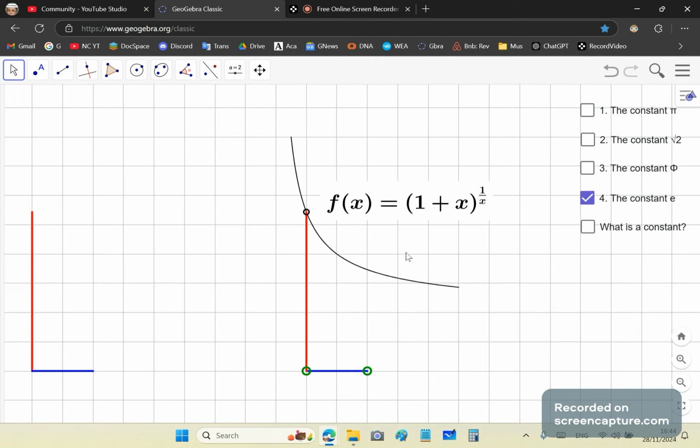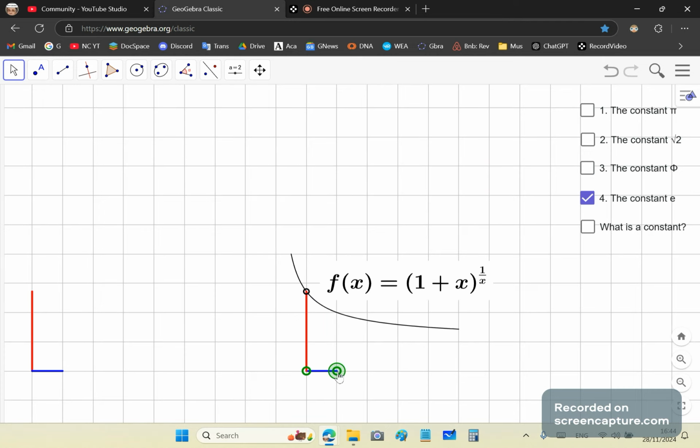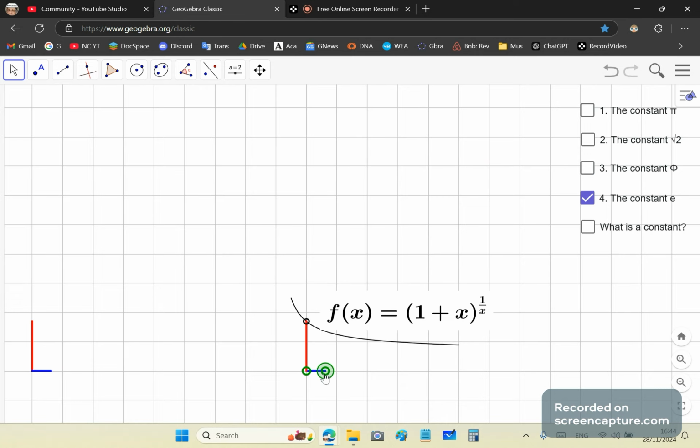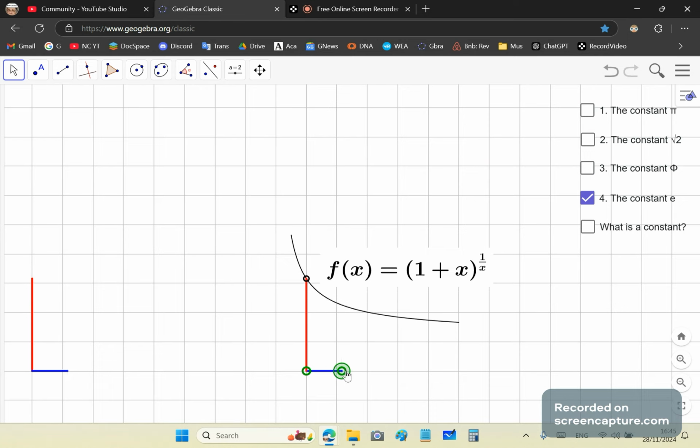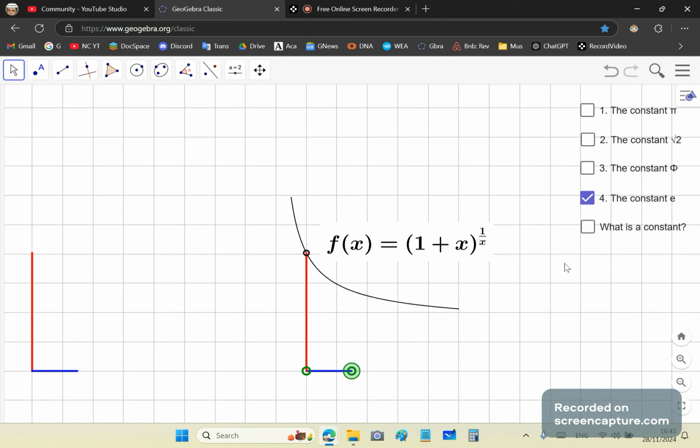Let's look at the constant e. So the constant e is found from this function here. In fact, this distance here is the constant e. And it doesn't matter how you do this, okay? The blue line measuring the red line will always give you the constant e, because there is no number e, there is no number phi.